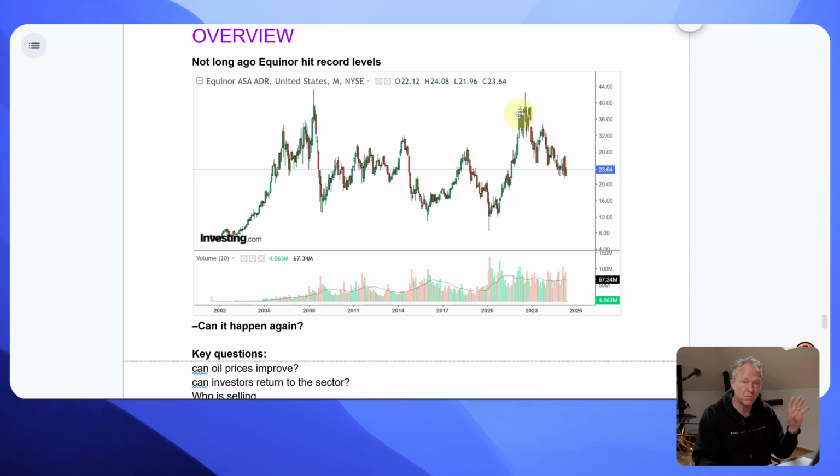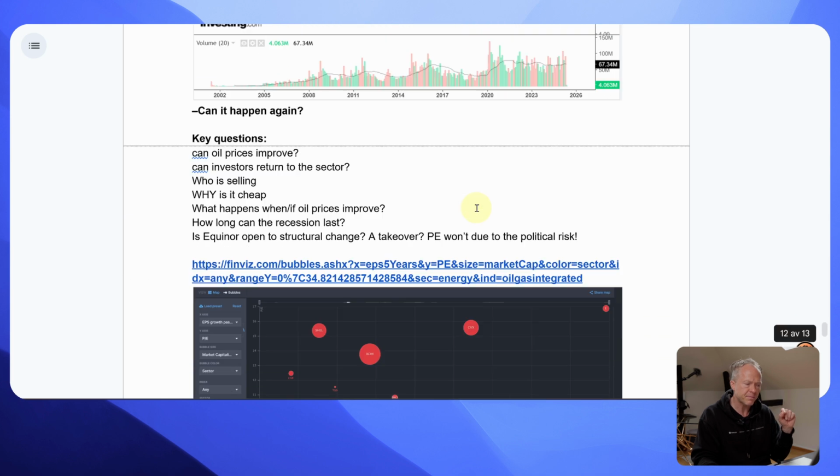There is nothing logical against it, but we could also revisit these low points of 2008, 2016, and just recently 2020. We could go down there again. So we have a 50% downside and maybe a 50 to 100% upside in the extreme case.